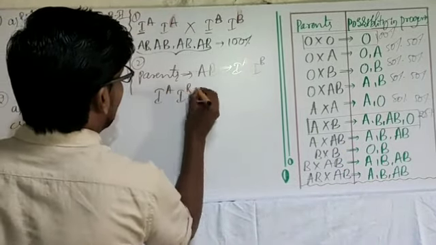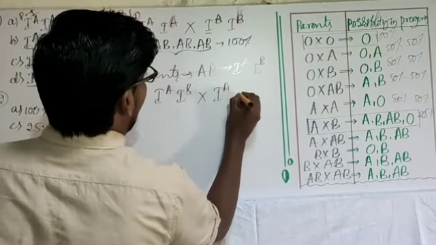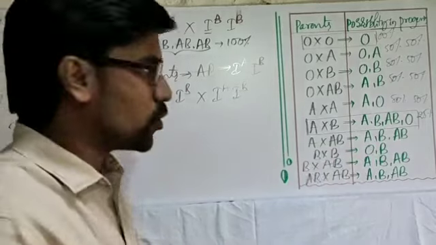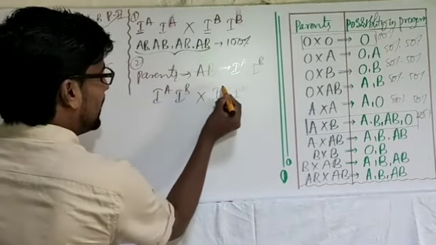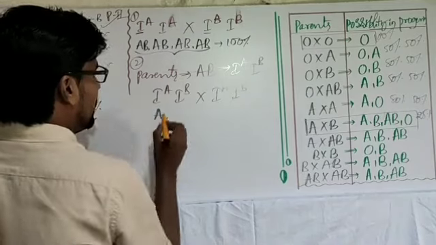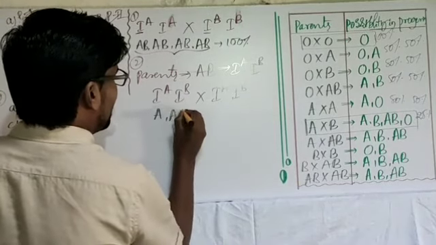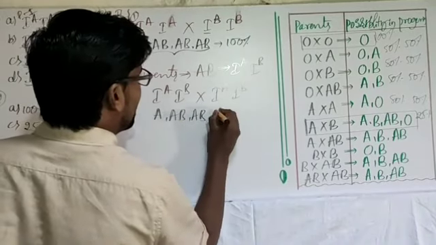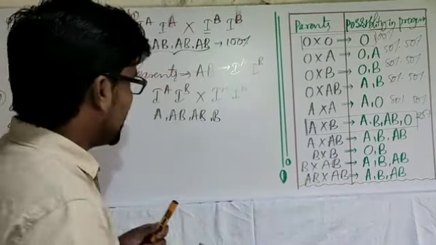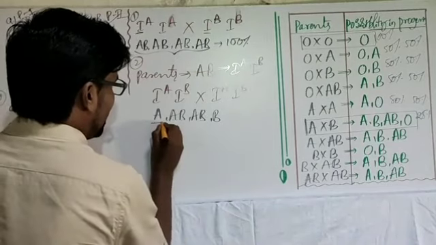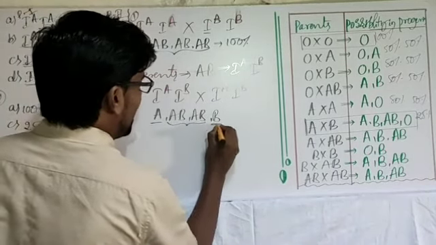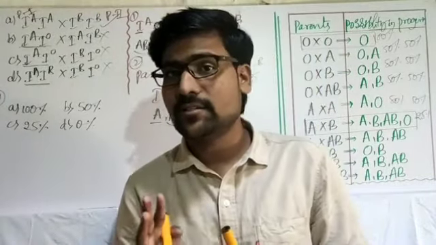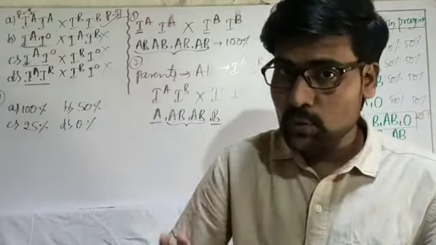IA, IB, one parent, IA, IB. That is one parent. If both the parents are having the same blood group, then A and A, A and B, AB, B and A, AB, then B and B, B. A, AB and B. 3 types of blood groups we can expect in the child. O is not possible here.